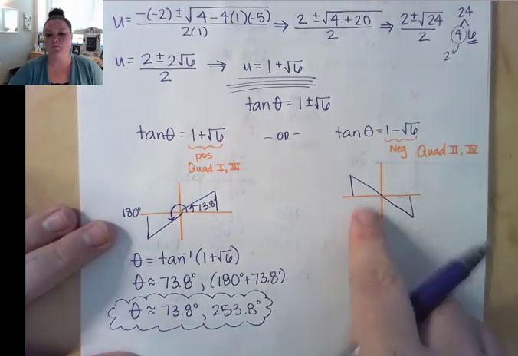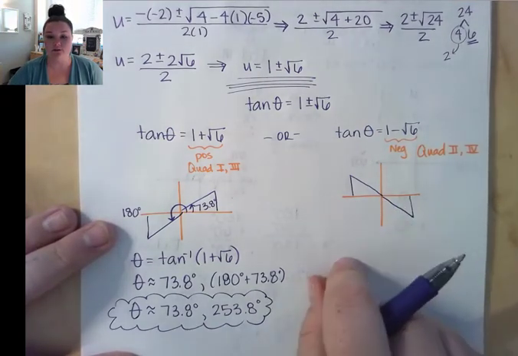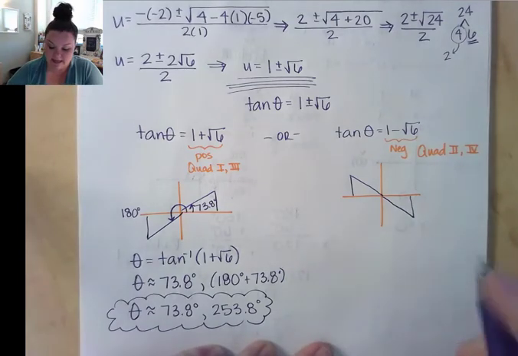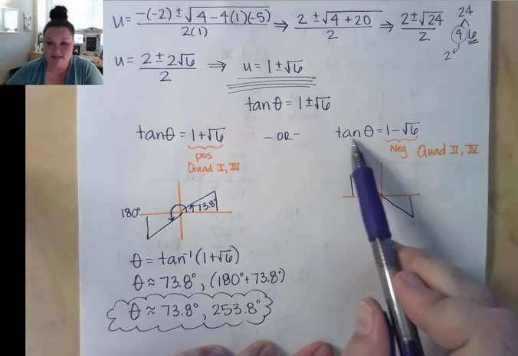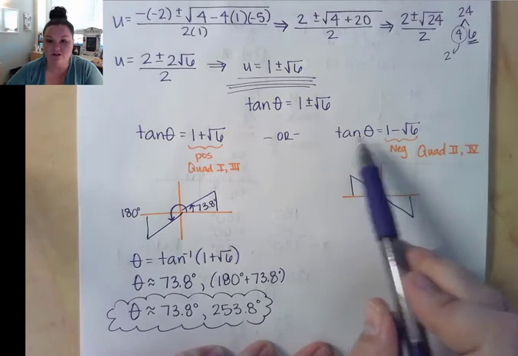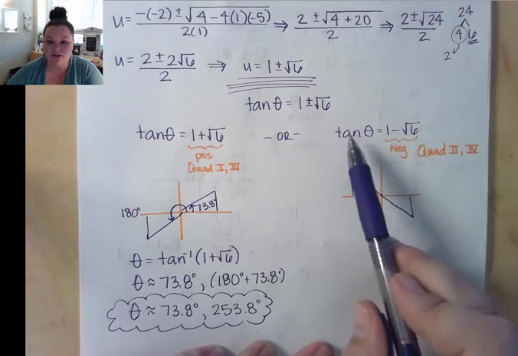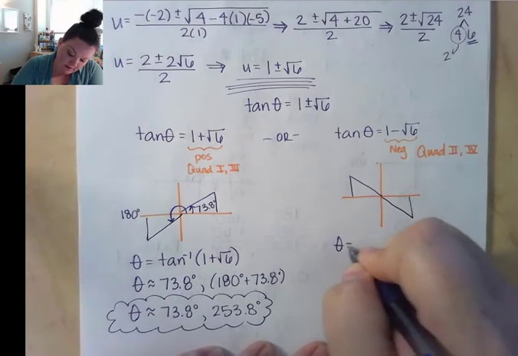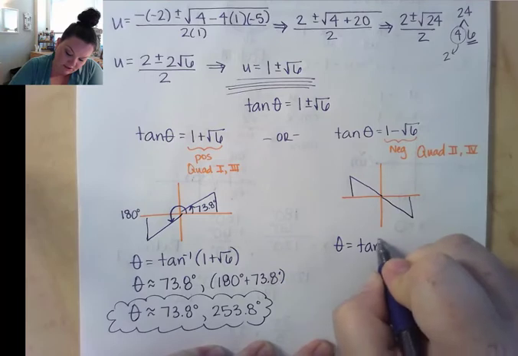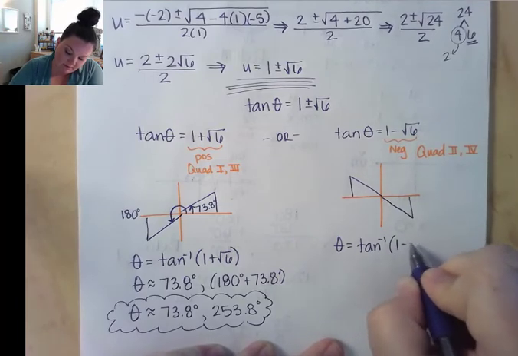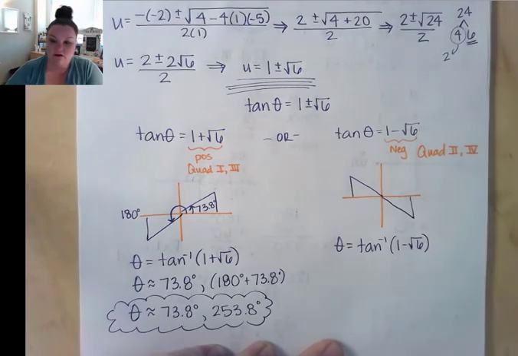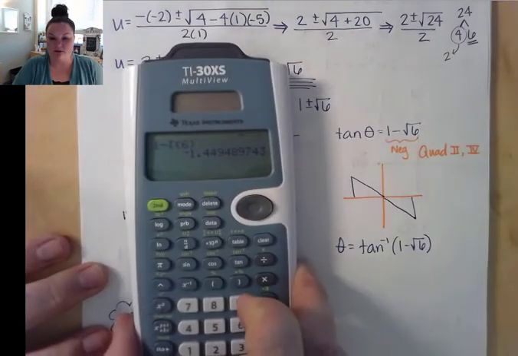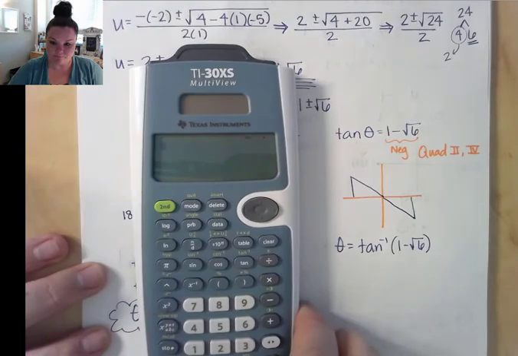So now we just need to figure out what those reference triangles are, so we can figure out our degrees. Again, I'm going to solve it by taking the inverse tangent function of both sides. When I do inverse tangent on the left, I'll just be left with theta. When I do inverse tangent on the right, I'll get inverse tangent of 1 minus the square root of 6. So I'm going to plug that into my calculator.